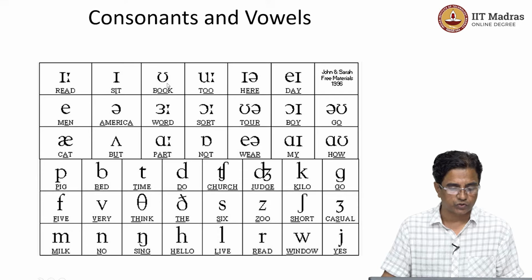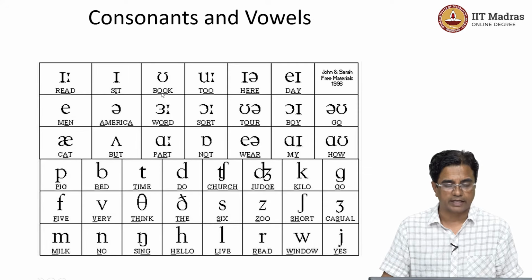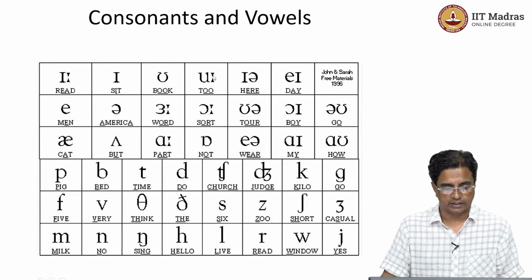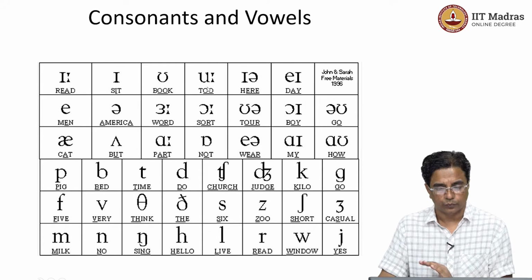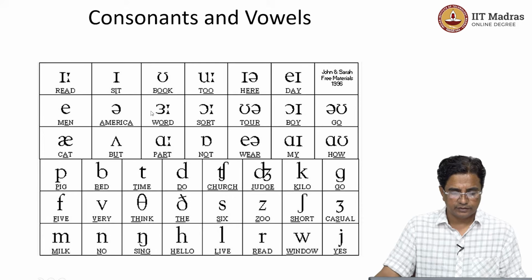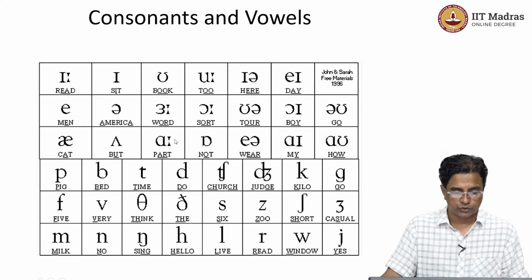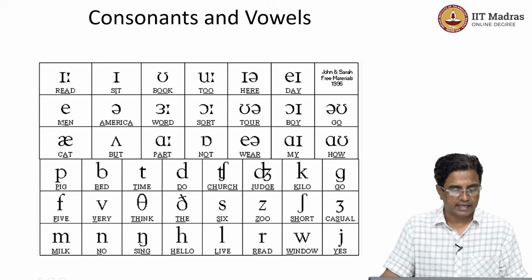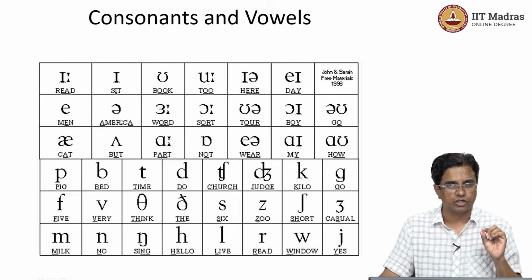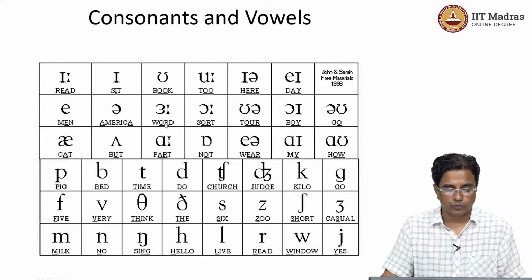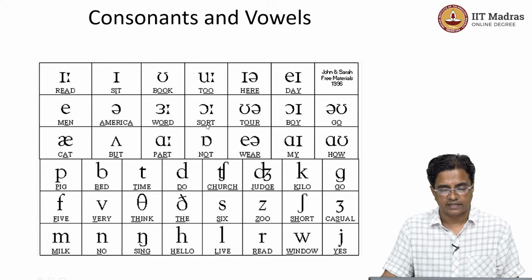This is a short U, as in a word like book, and when we say a word like to, then you have a longer U. Then we have A as in men, A as in America, this shorter A sound, and then you have O as in word, and sword. This is another sound.